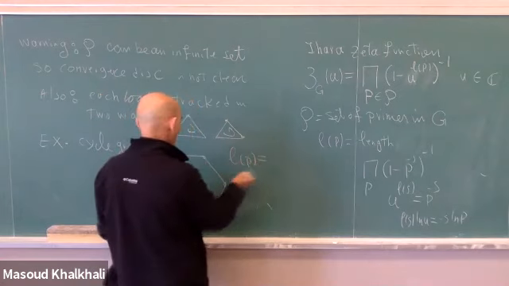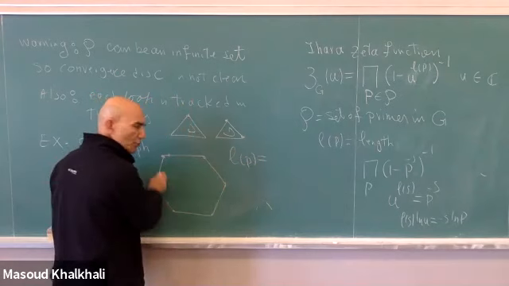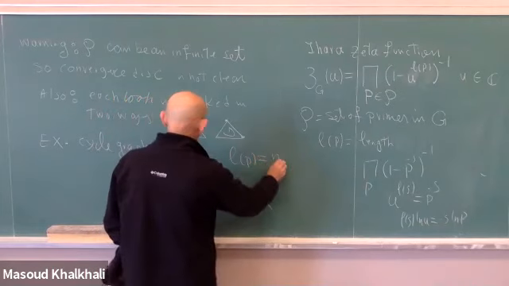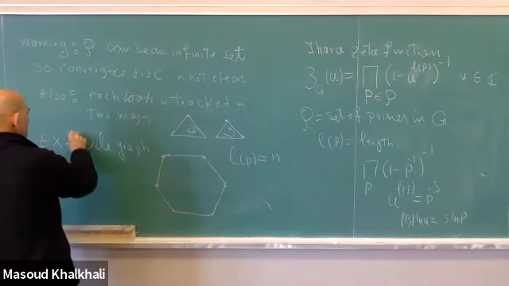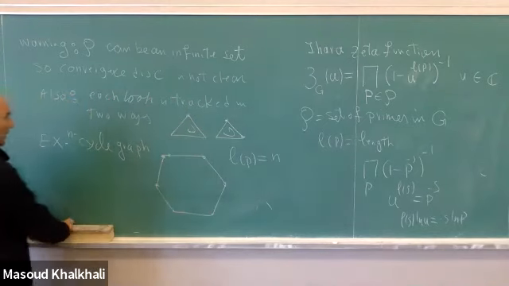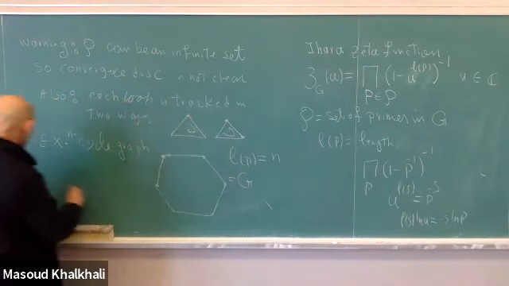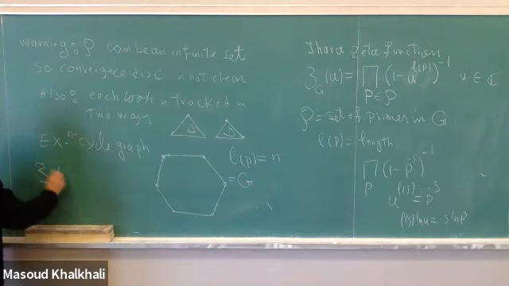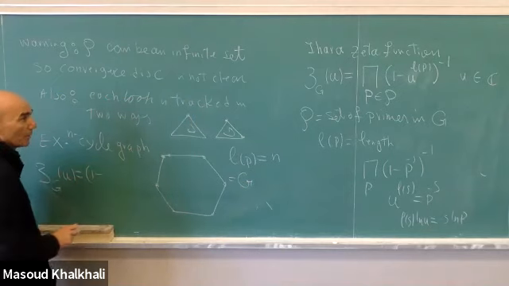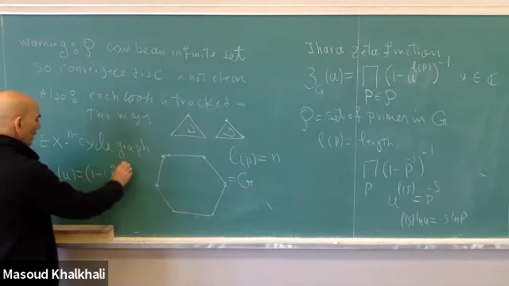What is the length of this prime? Let's assume there are n edges and n vertices, so the length is equal to n. That's the n-cycle. Then the zeta function of G, zeta G of u, is equal to 1 minus u to the n, to the power minus 2.